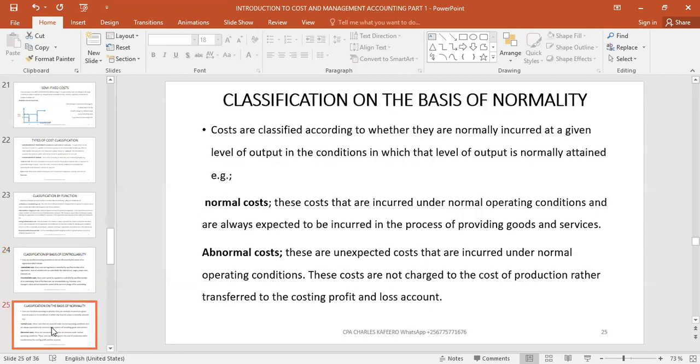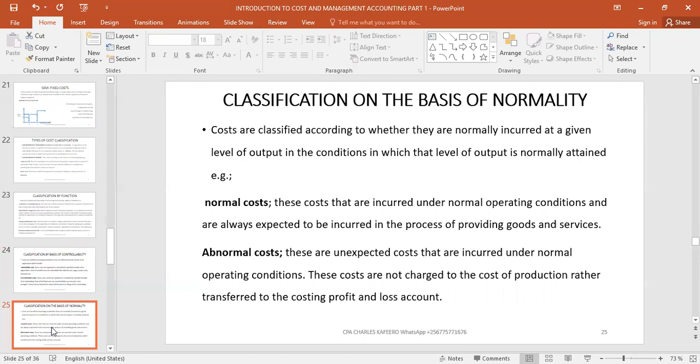The other one, we can talk about is classification on the basis of normality. Costs are classified according to whether they are normally incurred at a given level of output, in the conditions in which that level of output is normally attained.